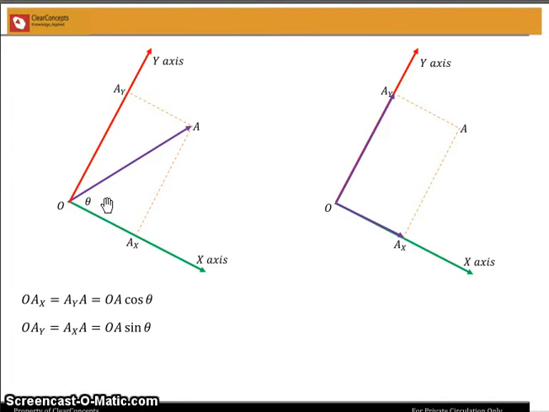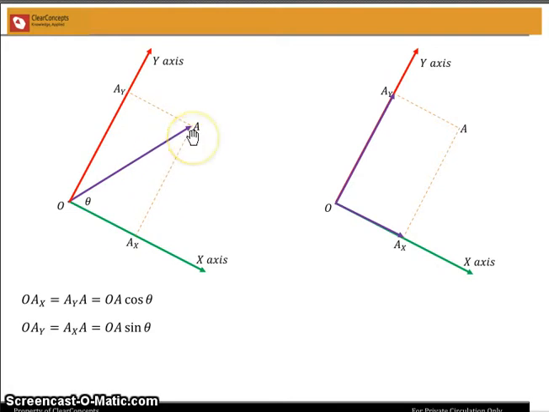You can see, as soon as I have an orientation and a length, the point A is fixed with respect to O. As soon as the point A is fixed with respect to O, I can drop a perpendicular from A onto the x-axis, meeting at AX. This is a unique point. There is no ambiguity about what it is. It is the single foot of the perpendicular from A onto the x-axis.